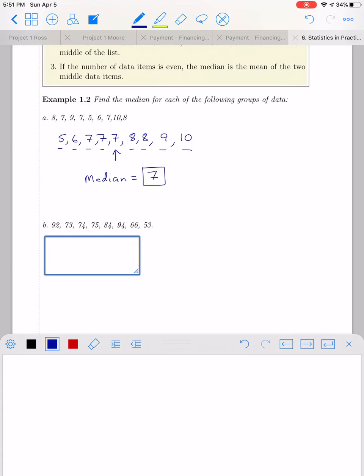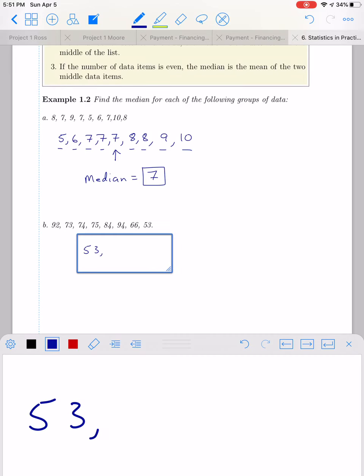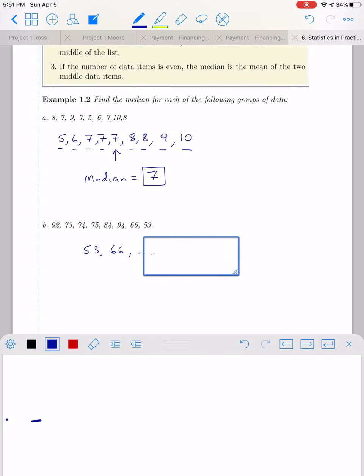Okay, I'll leave the example below as an exercise for students, but again, you'd start out by ordering things 53, 66, and you take this all the way to the largest value, which is 94, ordering everything in between, find the middle one, calculate.